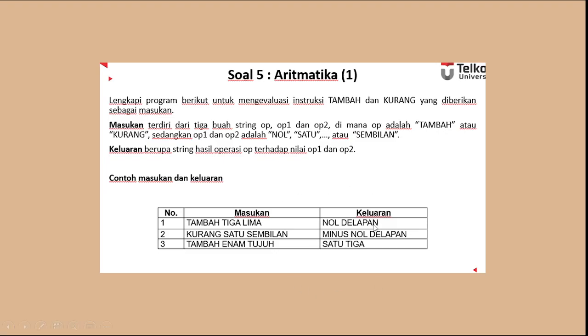Notice that the program will return 2 digits only with data type of string. And then for number 2, if the result is negative, then it will output minus behind the result.